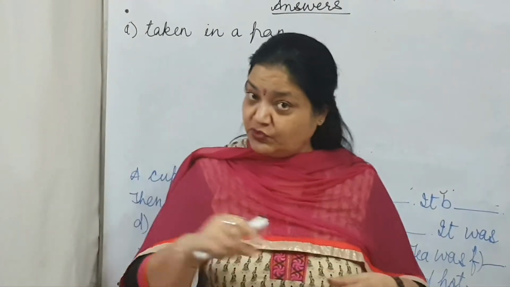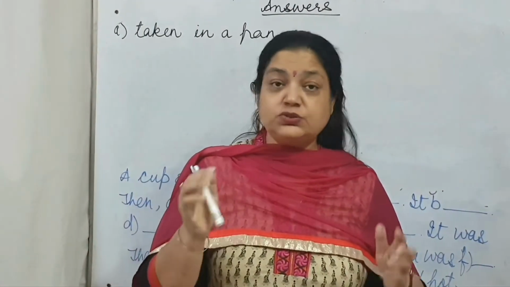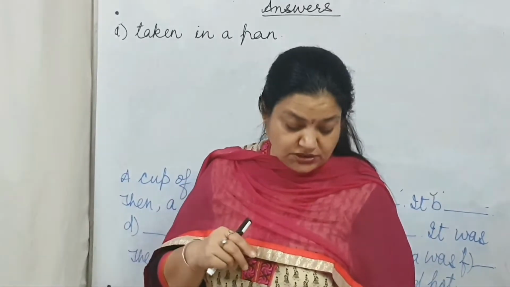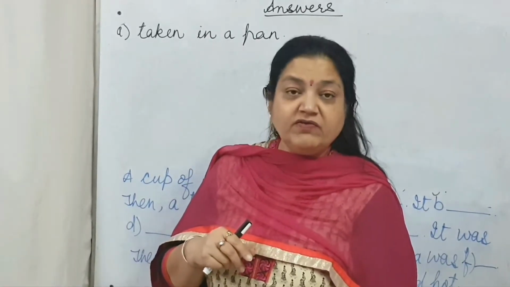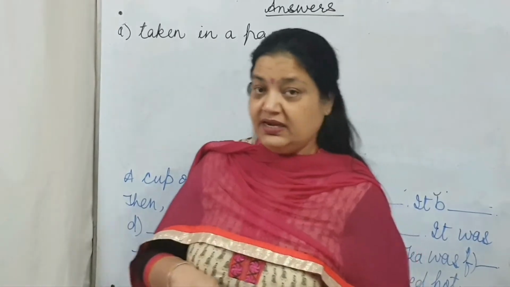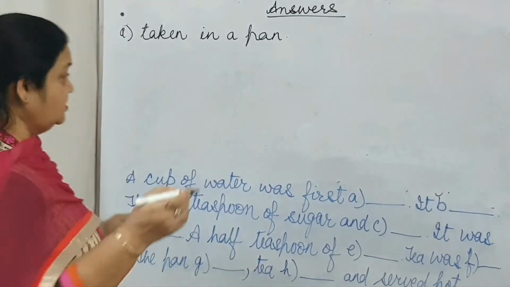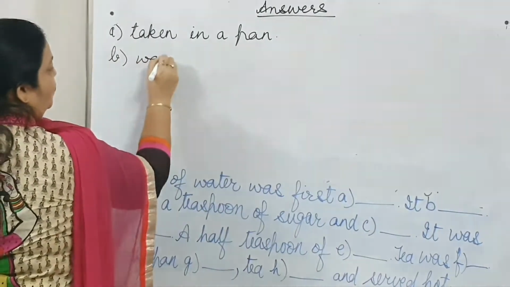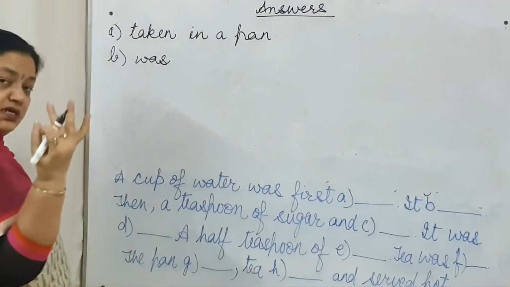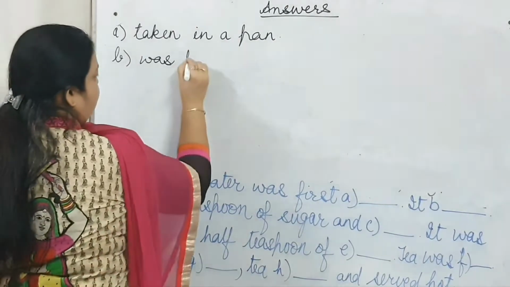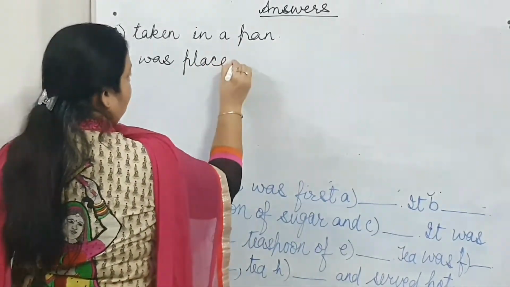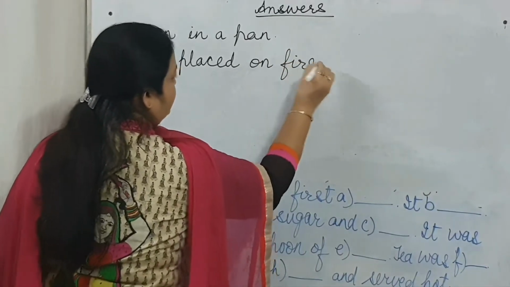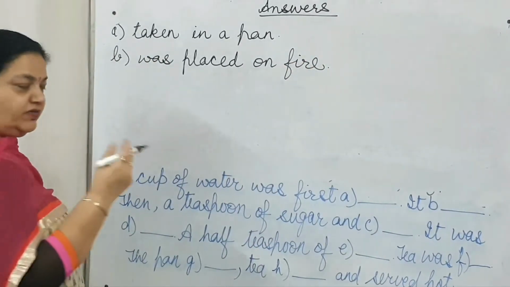Only it. So I have to write the complete sentence to complete the passage, to give it a meaning. The second instruction was place the pan on fire. Then it was placed. Was, and the third form of verb, placed on fire. It was placed on fire.